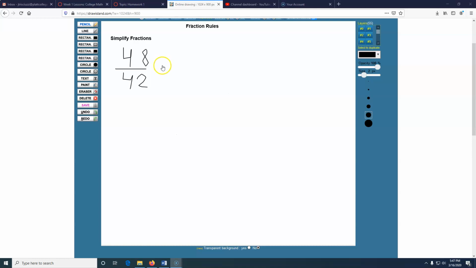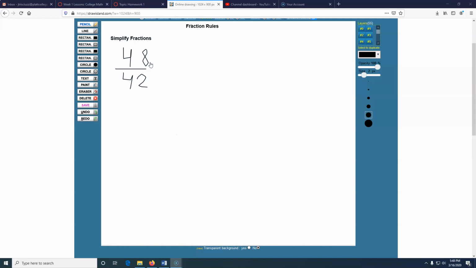Now, there's nothing wrong with doing it that way, but another thing you can do is you do want to find the largest number possible. And so something you might want to try is focus on only one of the numbers. Okay, so let's say, for example, that I'm going to just look at the 48 and ask myself, what numbers do I know go exactly in the 48?